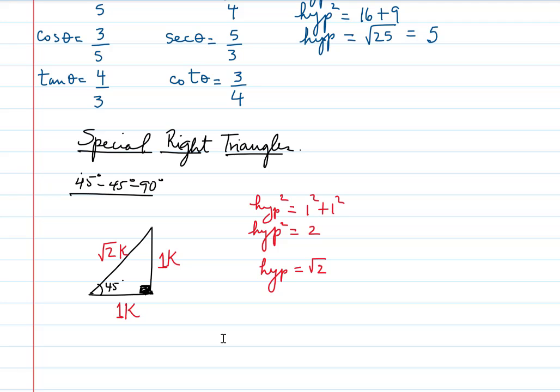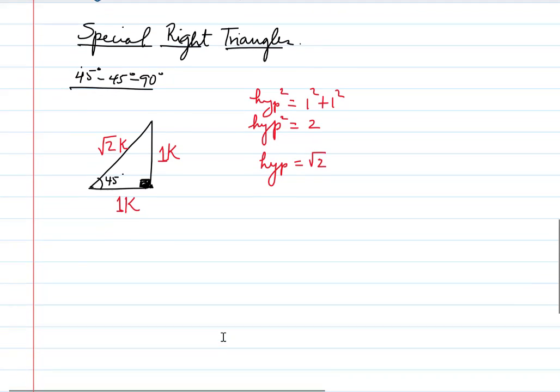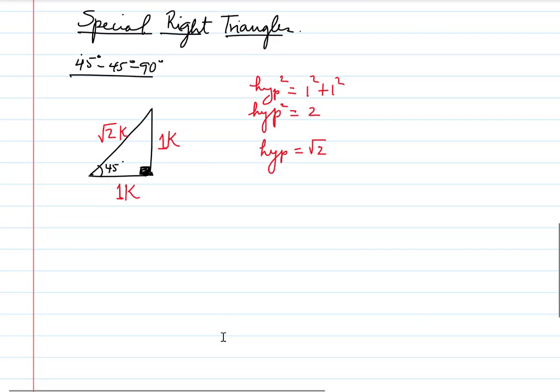Okay, so now notice the k is irrelevant when finding the trigonometric functions. Let's go ahead and find the 6 trigonometric functions of this 45 triangle. So let me do one here on the side. Sine of 45 degrees, by definition sine is opposite over hypotenuse.